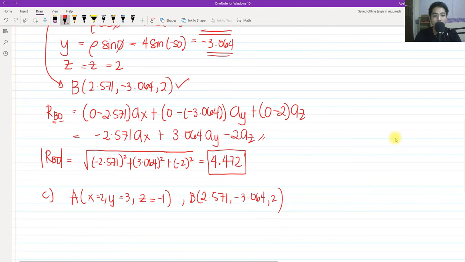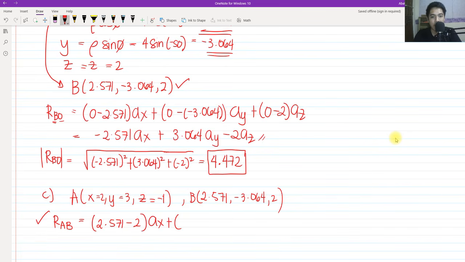Actually, we can use the distance formula, but first it is still the same: we get the vector from A to B. So we have 2.571 minus 2 for the x component, plus negative 3.064 minus 3 for the y component, and then plus 2 minus negative 1 for the a_z.